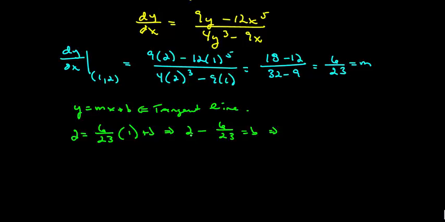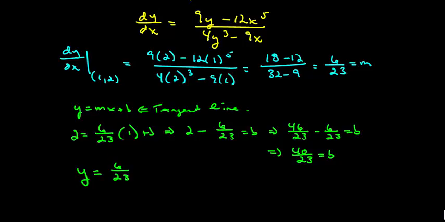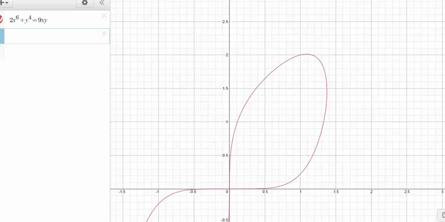This is 46 over 23 minus 6 over 23 is equal to b, and so that gives us 40 over 23 for the b value. So the equation is y is equal to 6/23 x plus 40/23. Okay, so let's go ahead and put that in there. Now watch, if we type that in, I've got to rotate my computer, so give me a second here.